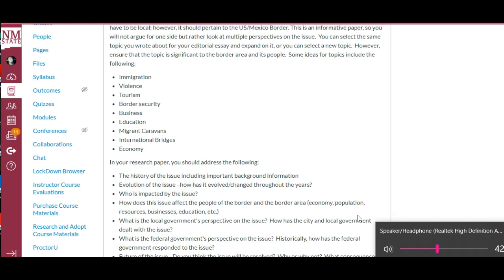So try to focus on an issue that affects the US-Mexico border, which is in between, but we're mostly looking at it through the American side, through that perspective.